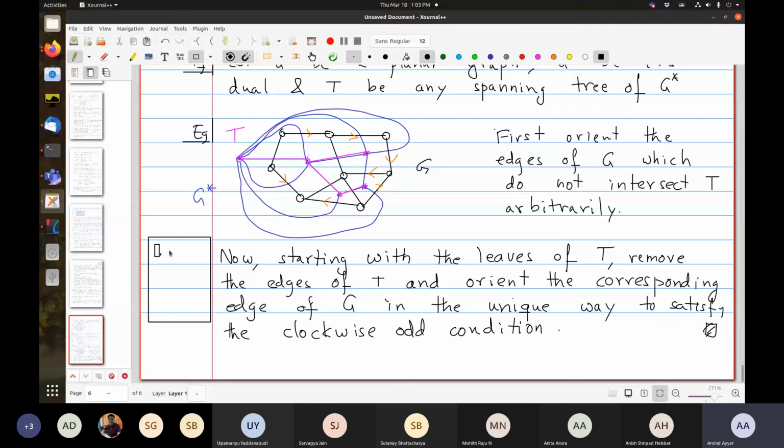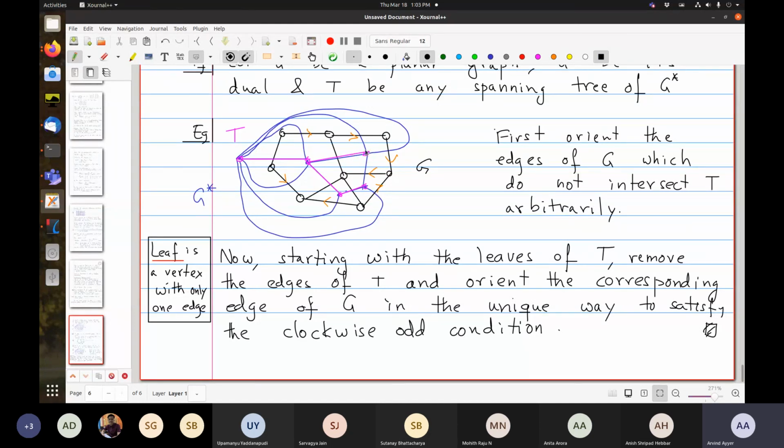Sorry, I'm going over there. But here you look at this leaf.